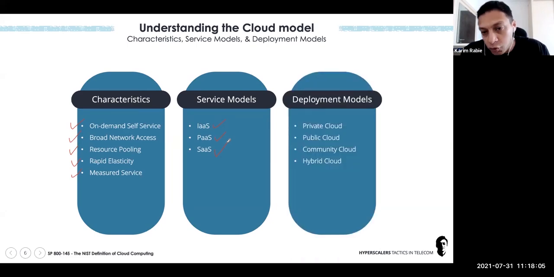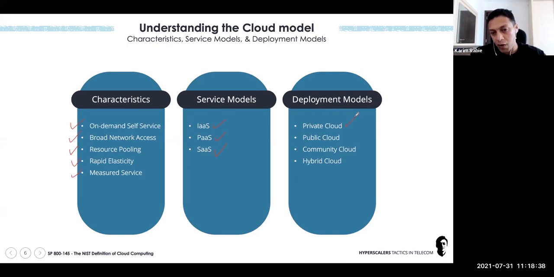And then the deployment models, and I'm sure many of us know these are terms that were defined by 2011: private cloud, public cloud, community cloud, and hybrid cloud. So private cloud is mainly a cloud that is exclusively leased or administered or targeting a certain group of users in a certain organization.